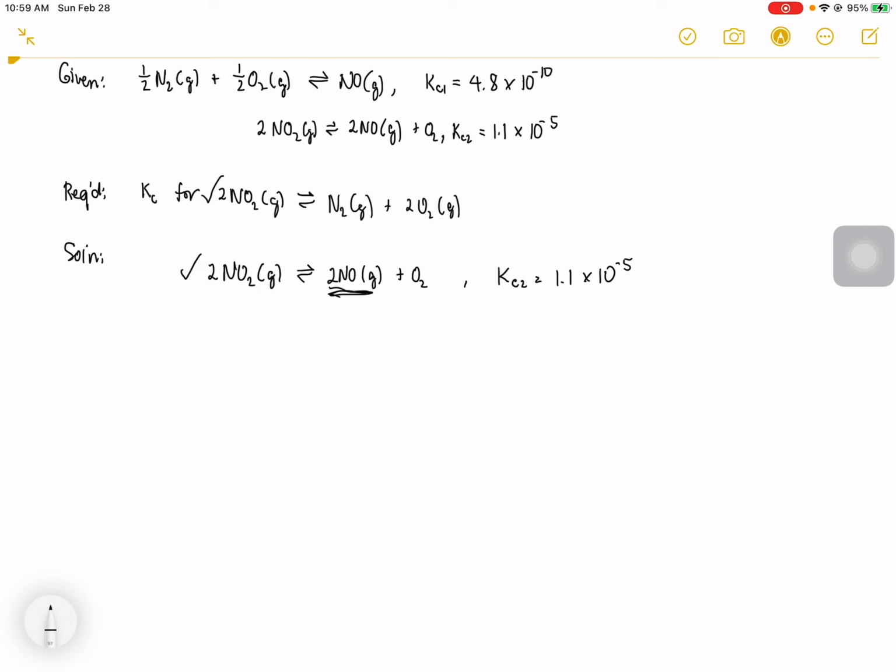And to do that, we use our first given equation. So we simply flip over the first given equation to give us nitrogen monoxide gas. And to completely cancel the nitrogen monoxide gas that we have in here, we multiply the first equation given by 2. And that gives us the following.